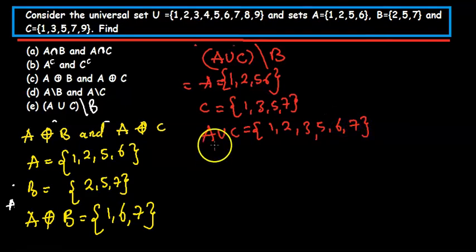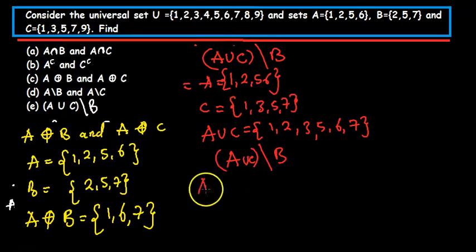Next thing we need to do is to find the difference with B. We have already found our A union C, which is 1, 2, 3, 5, 6, 7.